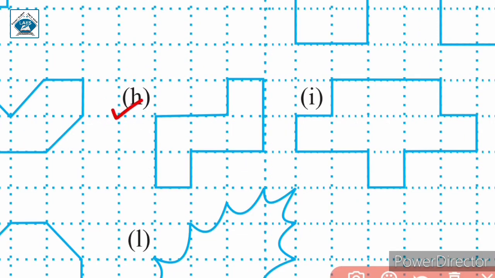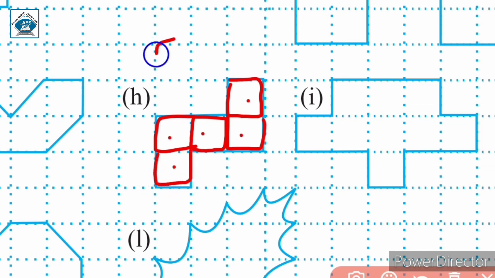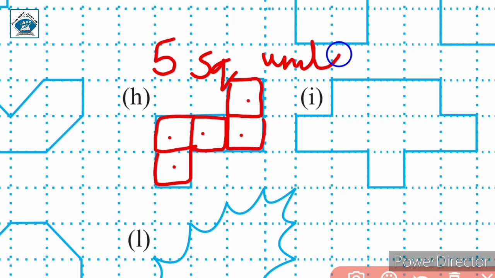In the H part, we can see there are only complete squares. So the given figure occupies 1, 2, 3, 4, 5 complete squares. ठीक है, यहाँ पर this is one complete square, this is the next complete square, this is the third complete square, fourth and fifth complete square. क्योंकि ये 1, 2, 3, 4, 5 complete squares को cover करता है, occupy करता है, then the area is 5 square units.